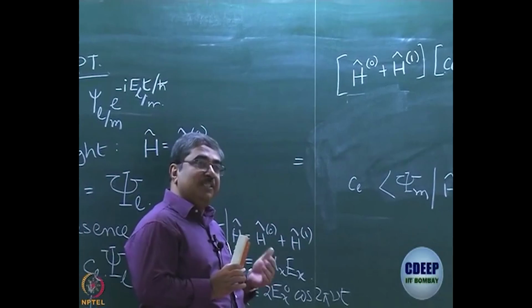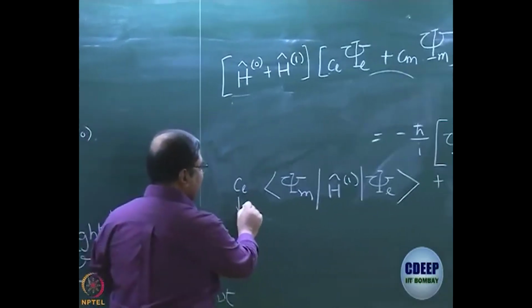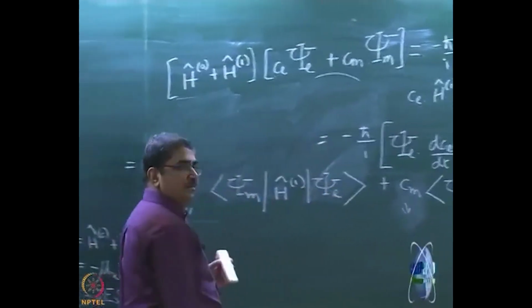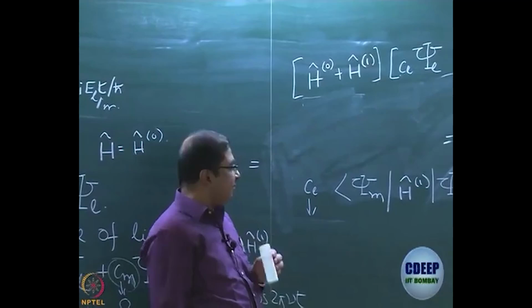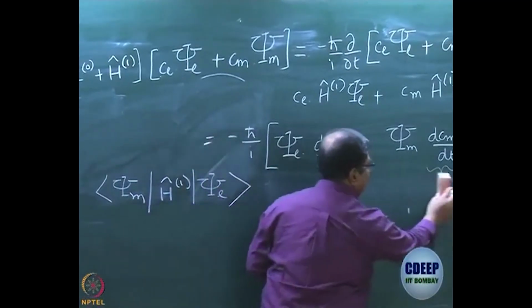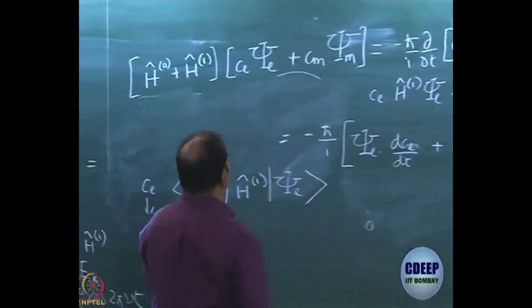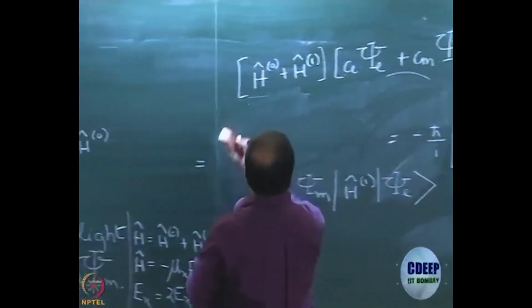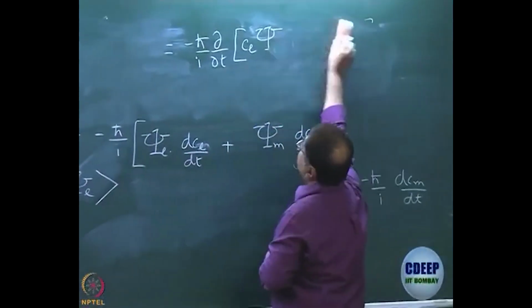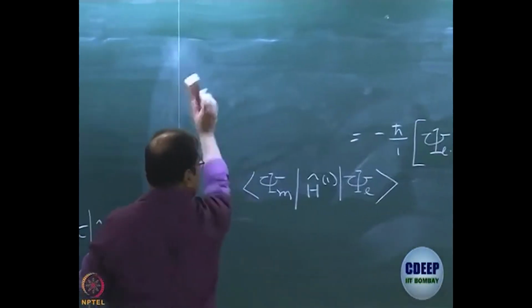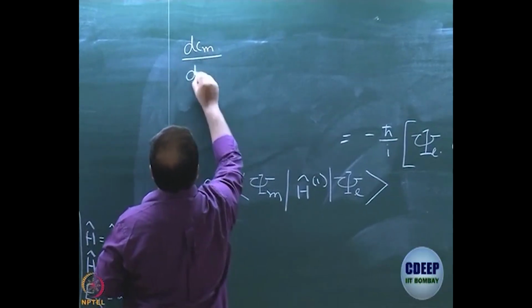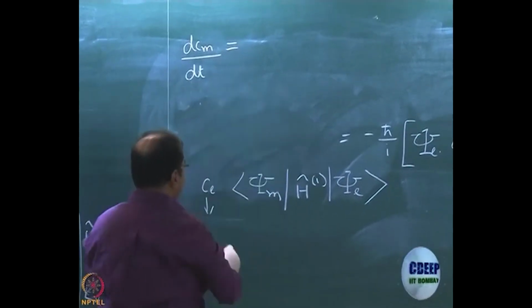Now we use that approximation of ours, that this Cl is more or less equal to 1, Cm is more or less equal to 0. So, what we do is we put this to 0 and we erase. So, finally, you are left with dCm/dt is equal to, what do I put this to be?